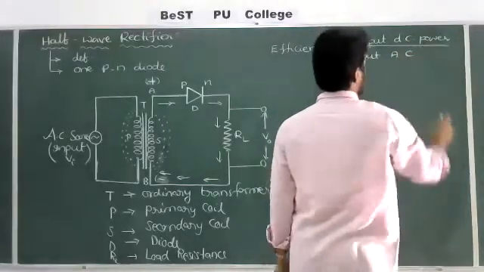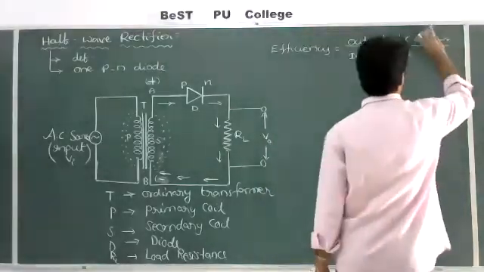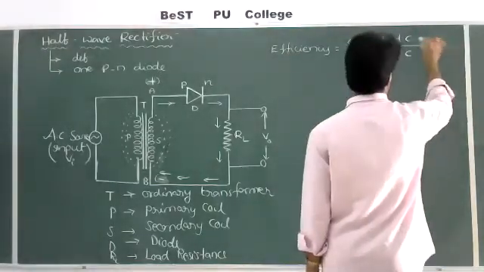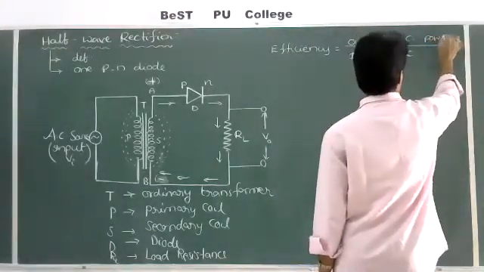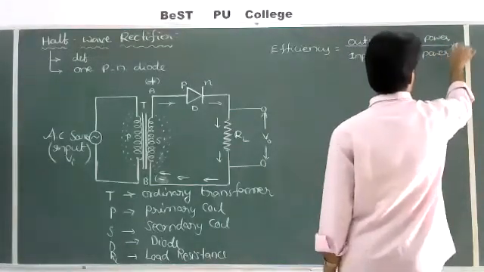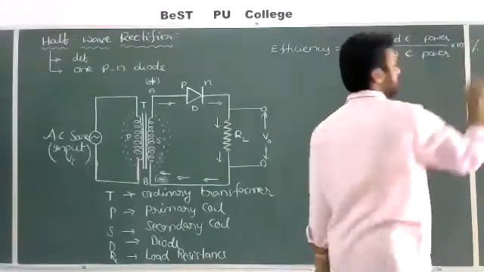It is the efficiency of the rectifier, DC power to AC power. If you want the percentage, you should multiply by 100.